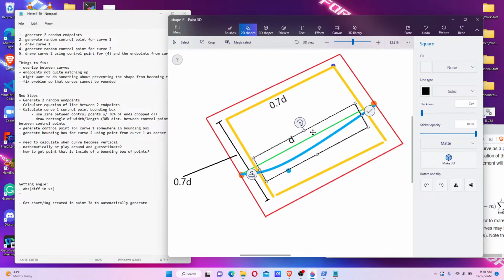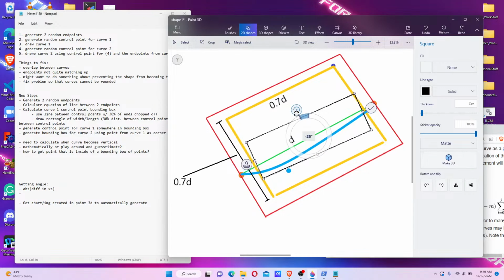Okay, just trying to line up this box. Okay, so I think that the new point should be somewhere in that box, but we also want an area where the point can't be.